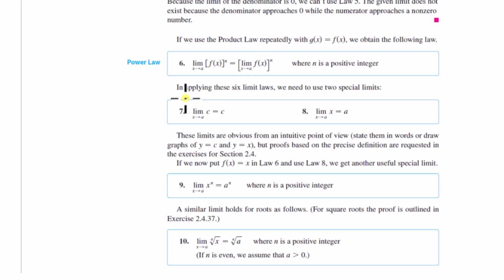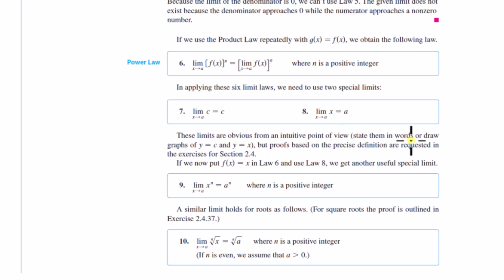Now, in applying these 6 limit laws, we need to use 2 special limits. The limit as x approaches a of c is equal to c, and the limit as x approaches a of x is equal to a. These limits are obvious from an intuitive point of view.